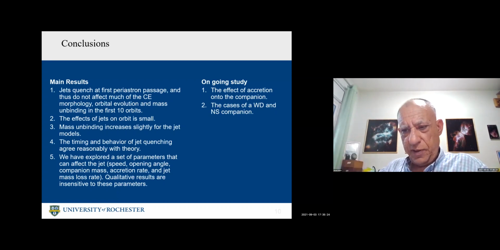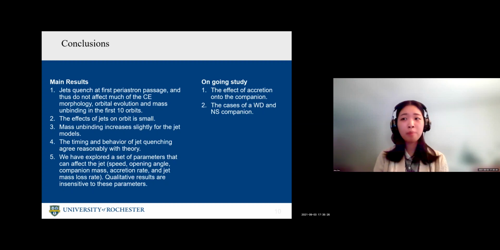You assume it's a point. No, the companion is a point particle, so its mass increases when it accretes, and it also powers this fixed power jet. We're trying to do another model with a fixed feedback rate, so the jet power would depend on the accretion rate. That would be future work.